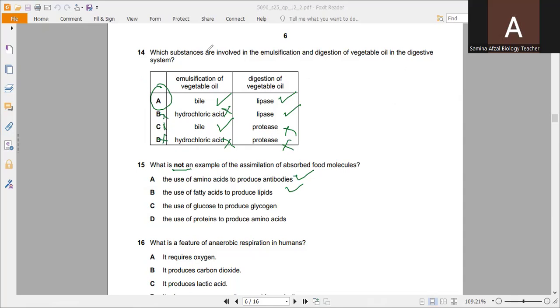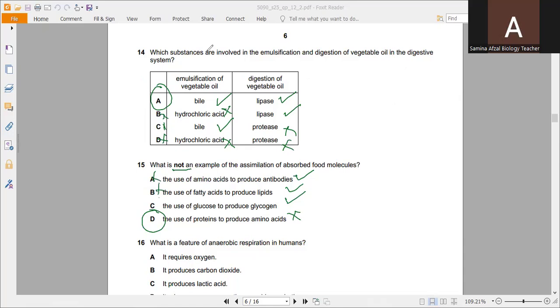The use of glucose to produce glycogen. Again, extra glucose is used for the formation of glycogen. Again, this is a correct statement. The use of proteins to produce amino acids. Amino acids are the units, so amino acids are used to form the protein. So this is not a correct statement, but this is the correct option.